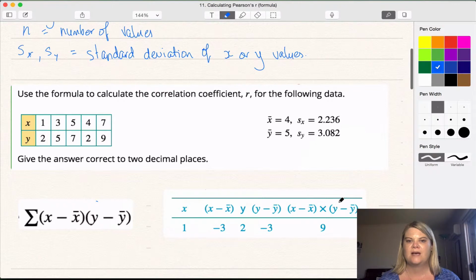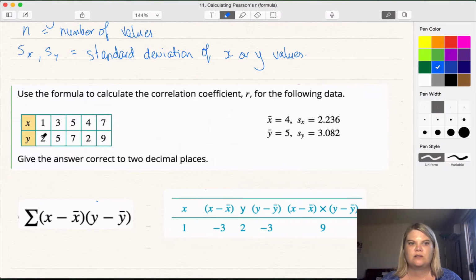I've put this little table out for you, and I've done the first row. This is a useful table just to help you organize your thinking. We'll start with the x value, which is 1, x minus x bar, so 1 minus 4 is negative 3.